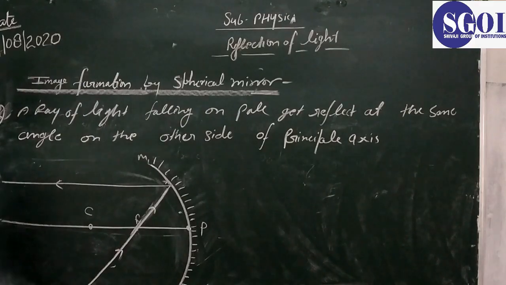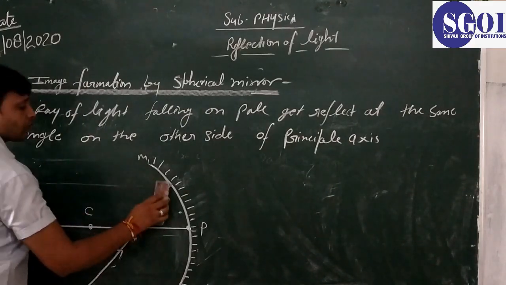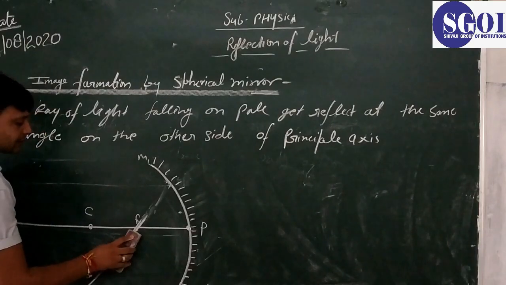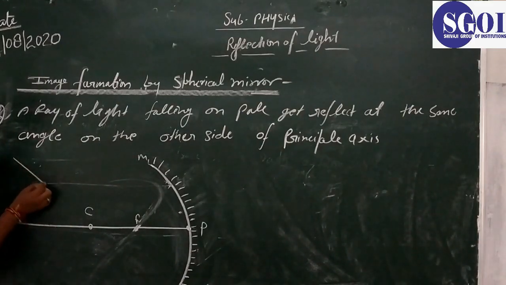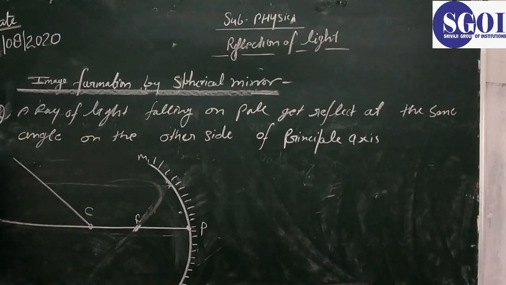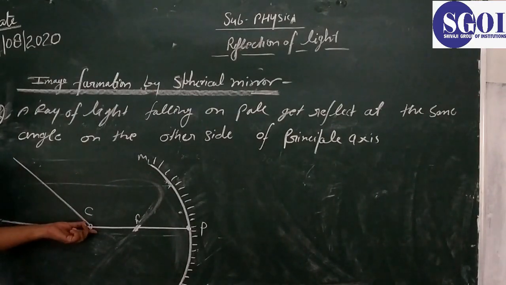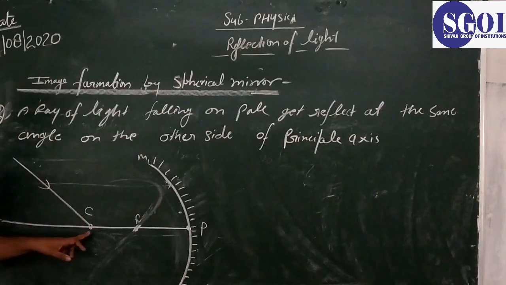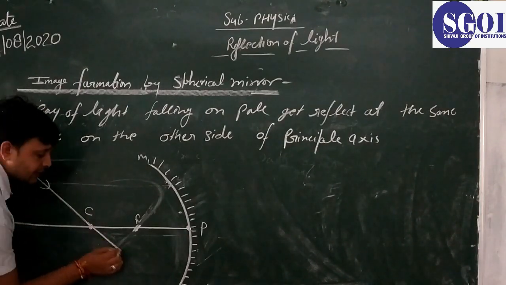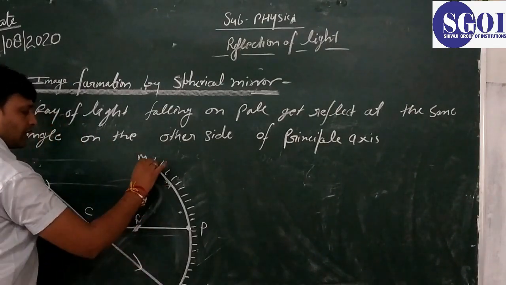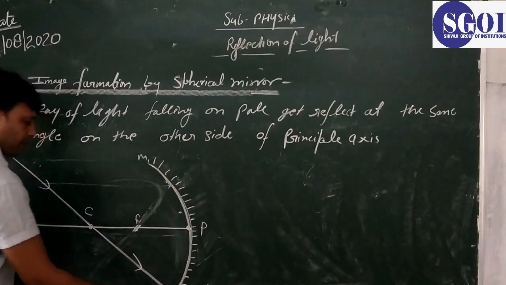Now, the second tip. A light ray passing through the center of curvature is incident on the reflecting surface of the concave mirror.